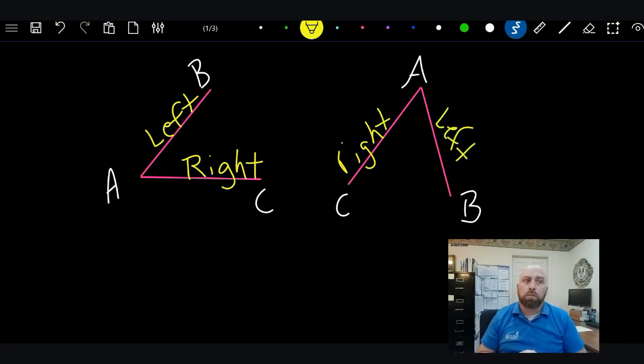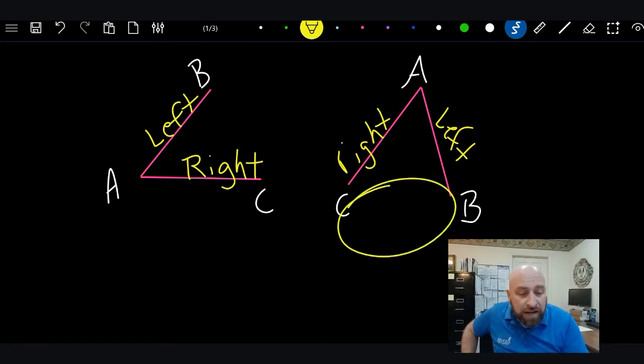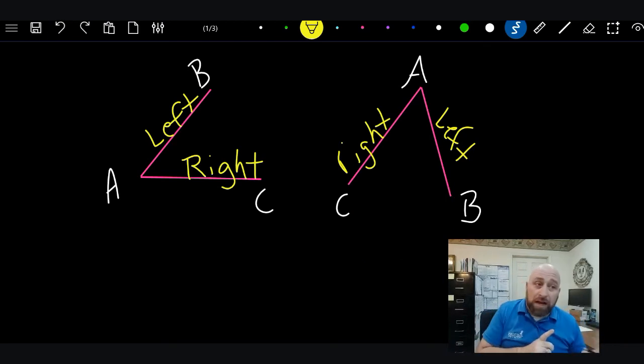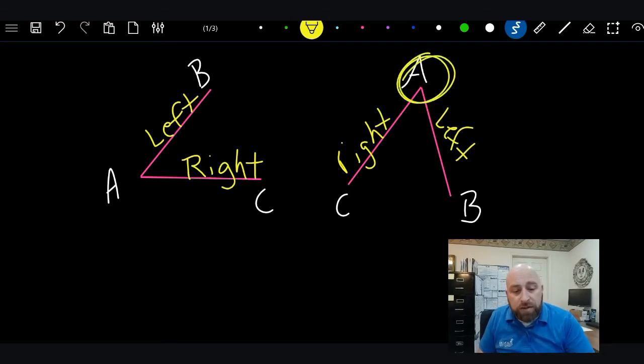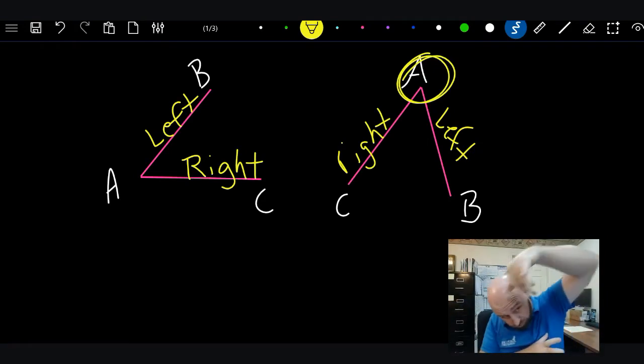And you're like, I think you've lost your mind now. Remember, we're looking at it from the vertex. Right now you're looking at it from down here. And the one that I marked as the left, you're thinking, no, that's the right because it's on the right side. No, put yourself here at the vertex. You have to move your head around and look at the right side. The right side is AC and the left side is AB.